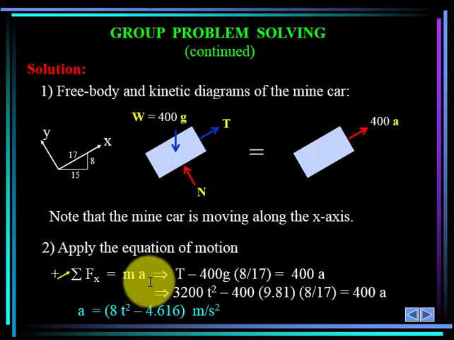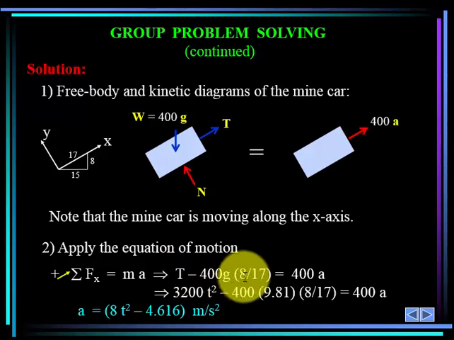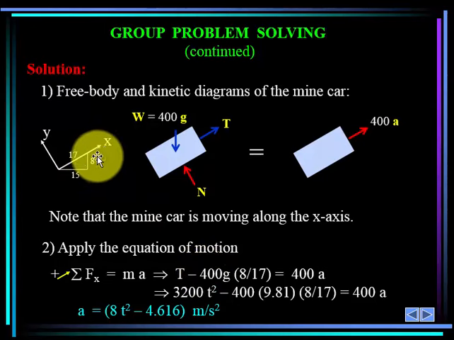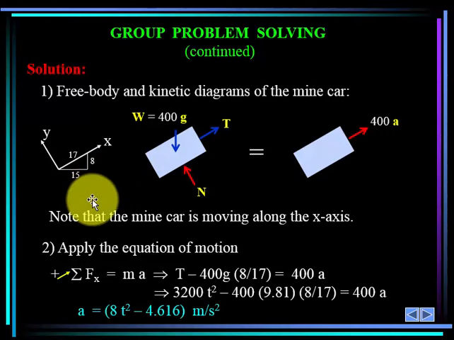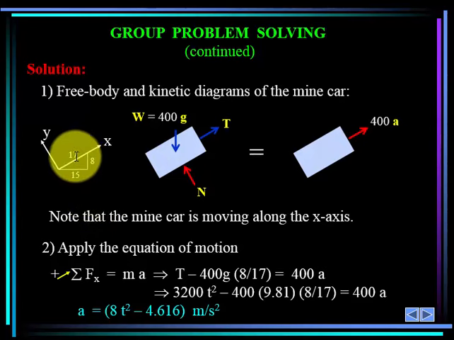The forces in the x would be a positive rope tension and a negative component of gravity, and that component of gravity would involve the sine of this slope angle, but the problem statement gave us an 8, 15, 17 geometry, and so that sine term is going to be 8 over 17, the hypotenuse.